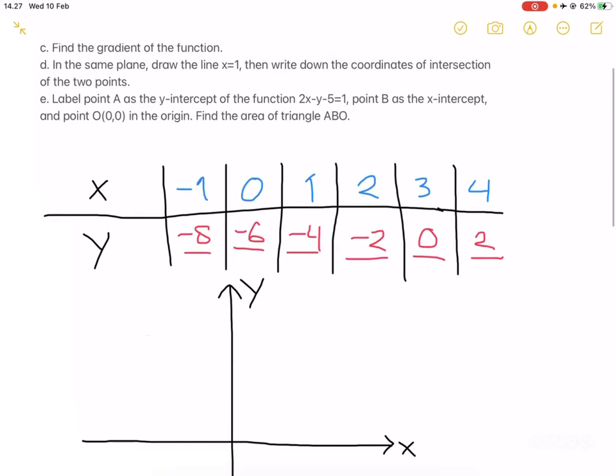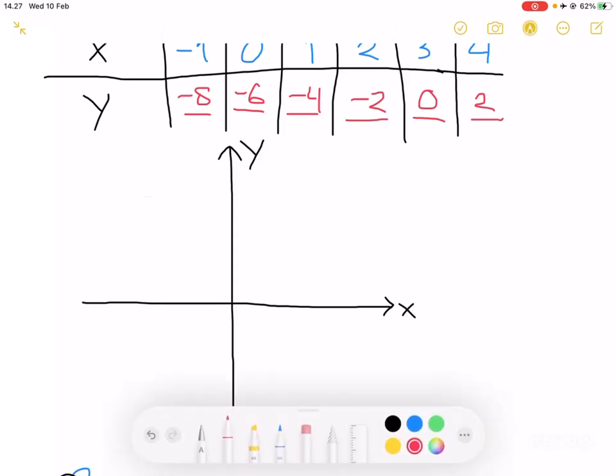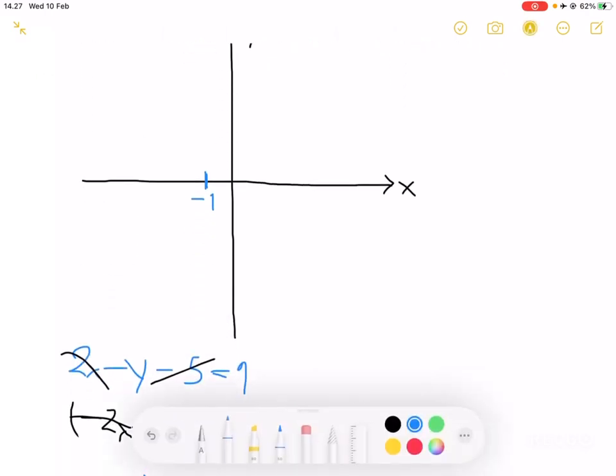So we can just plot these coordinates on the xy plane, like so. First, let's say x equals negative 1 is right here, and we have our y value at negative 8, which is way down right here somewhere. So our point should be right here.